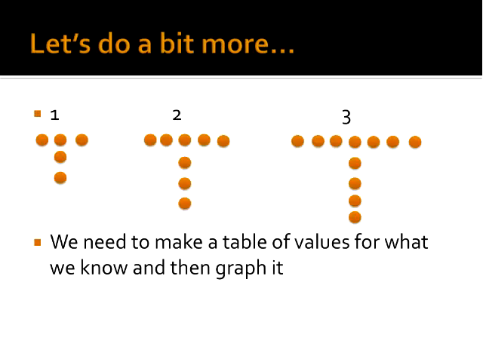Here we go. So we need to make a table of values for what we know and then graph it. So we can look at this, and we know that we've been doing these before. So one of the things that we'll do is we'll use the figure number on the table. And you're going to be doing this for homework. Oh, that's terrible. I'm going to just clear that off. Okay, there we go.